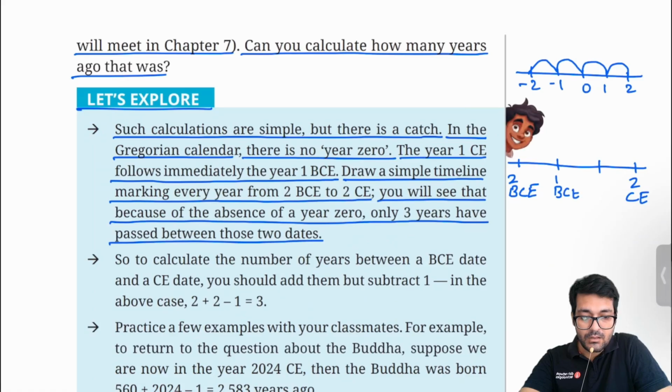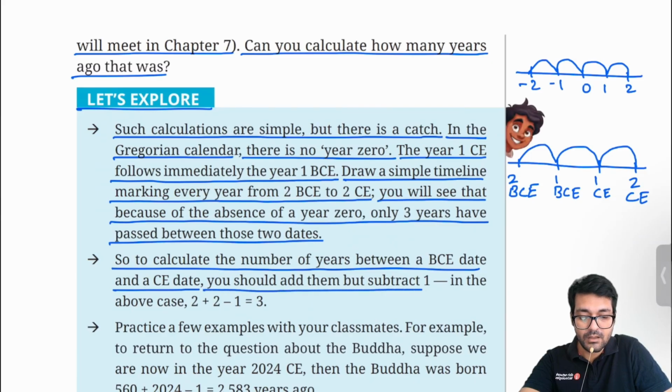The gap between 2 BCE and 2 CE is 3 years: 1, 2, and 3. So to calculate the number of years between a BCE date and a CE date, you should add them but subtract 1. In the above case, 2 plus 2 minus 1 is equal to 3.